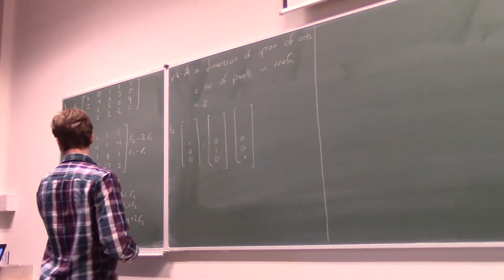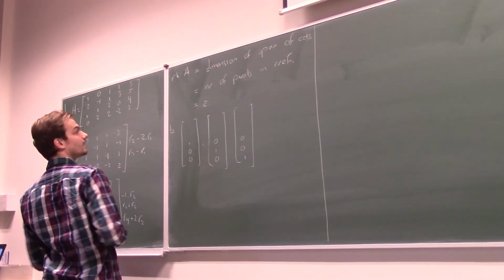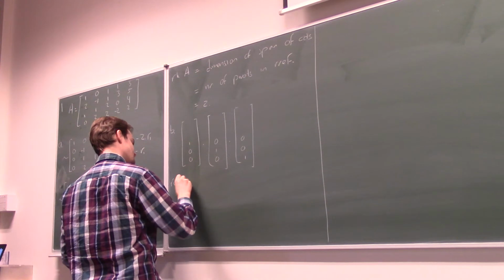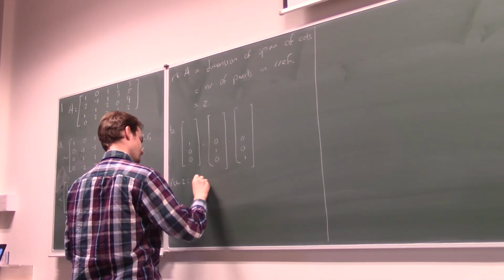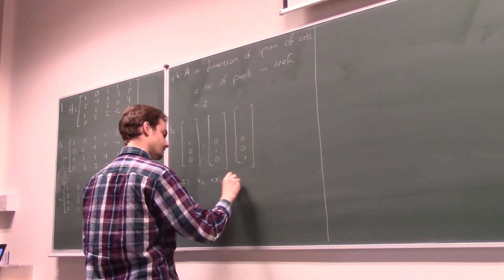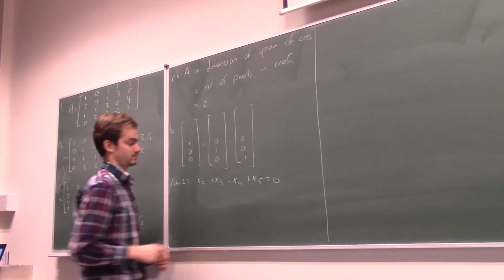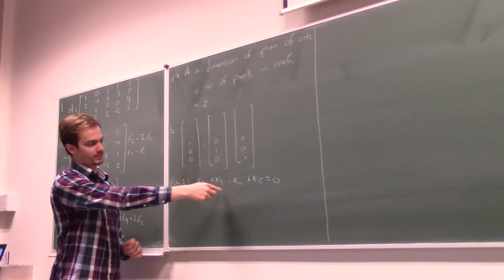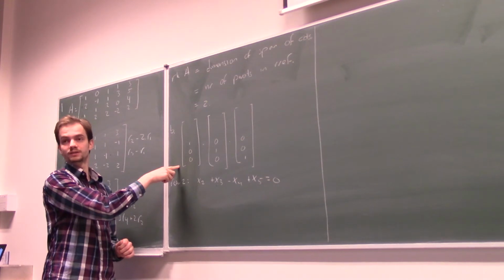So what you get here, let's start with x2. So this says that 1 times x2 plus x3 minus x4 plus x5 is 0. Okay, so x2 is minus x3 plus x4 minus x5. And you can add that to each of these.